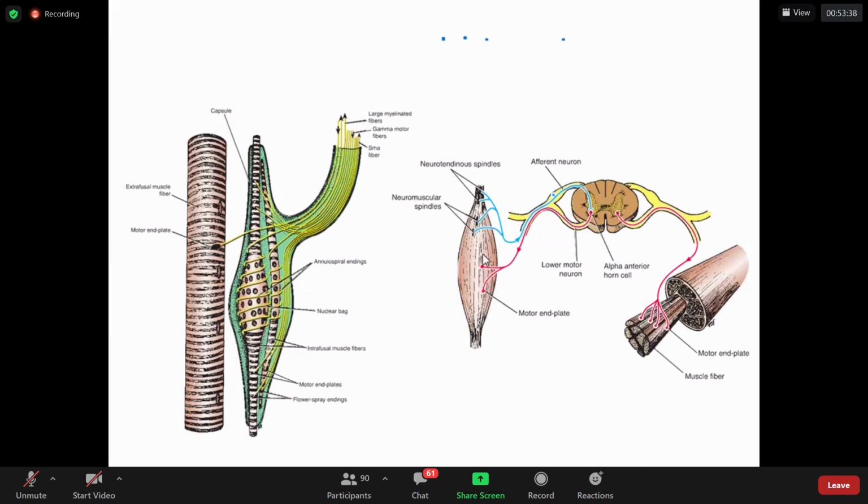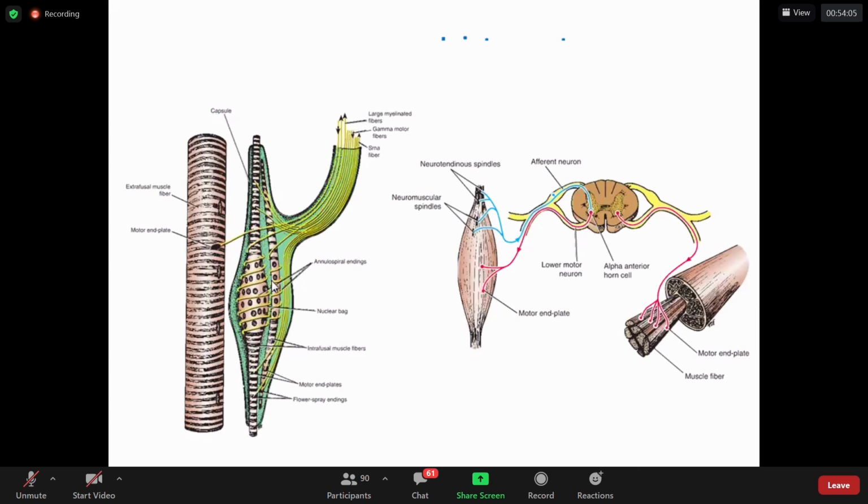Because motors are to bring the order to contract. So gamma motor neurons will bring the order to contract, and there would be eventual contraction of the intrafusal fibers. And whatever the reason is, if there is contraction of the intrafusal fibers, that would be carried by either the annulospiral or flower spray endings to the higher areas.